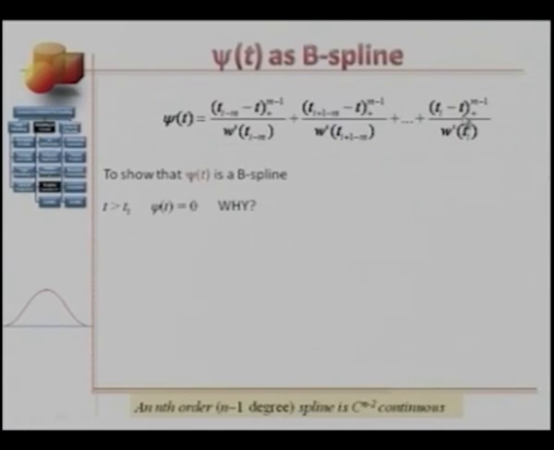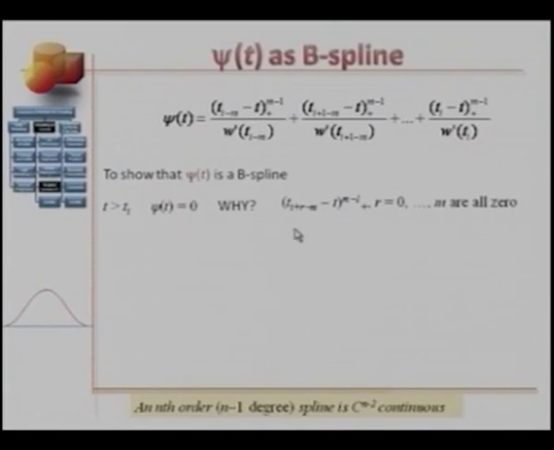Here again, t will be greater than ti minus 1, and so that term will be 0. So if you go back leftward, you would see that each term will have this number within the parenthesis as negative for t greater than ti, because of which this truncated sign will make the numerator in each term in this summation 0.